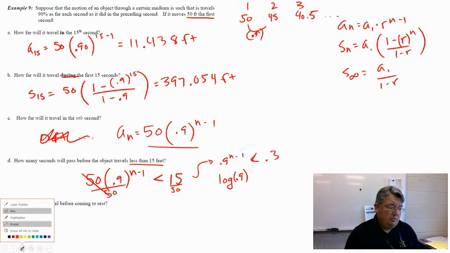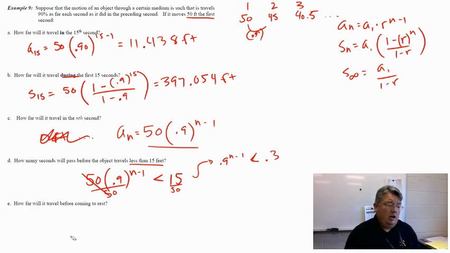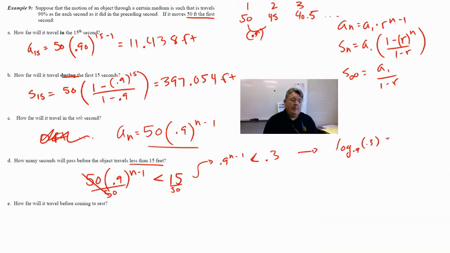See, I said log base 0.9 and I did something different. This is an exponential. Actually, you know what? Nope, sorry. I'm going to back off. Log base 0.9 of 0.3 is equal to n minus 1, right?